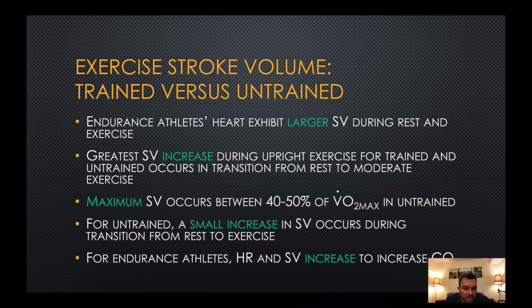As you're starting to do essentially a VO2 max test and reach 40 to 50% of your VO2 max, the heart is pumping as much blood as it can at that point. So all you can really do is increase the number of times it pumps if you want to keep going. That's why your heart rate will continually rise, and your cardiac output will continue to rise to max by increasing the heart rate.